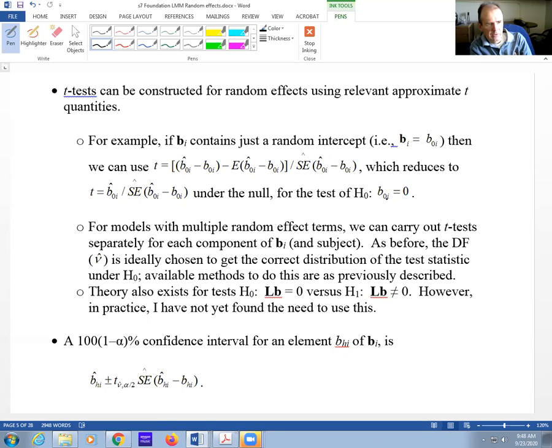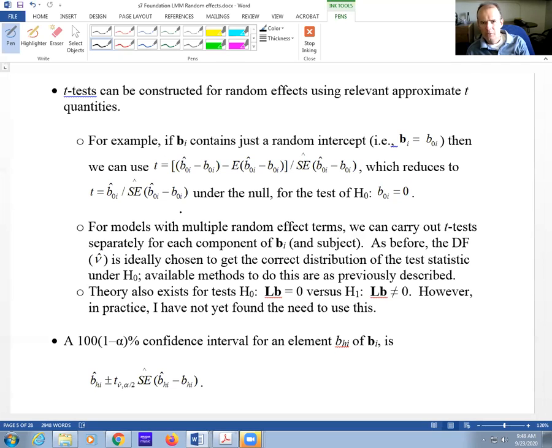Yeah, so that's true. You're right, we don't see the b. But we can develop a formula for the test statistic that considers that value. So you take the estimate, which we actually do get, and then there's some hypothetical random effect value for a subject, which we don't observe. But what do we know?